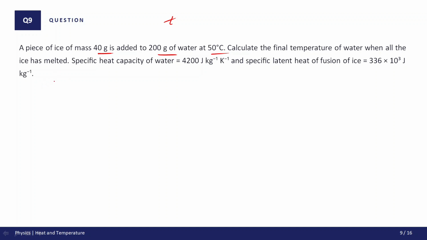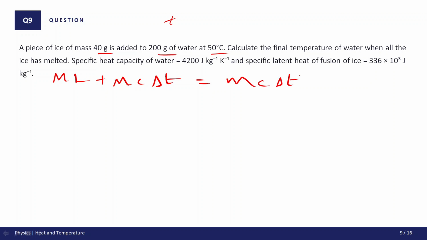Then ML plus this ice melted into water. This water rises to a certain temperature, that is T temperature from zero. We will write it here. M C delta T equal to M C delta T.